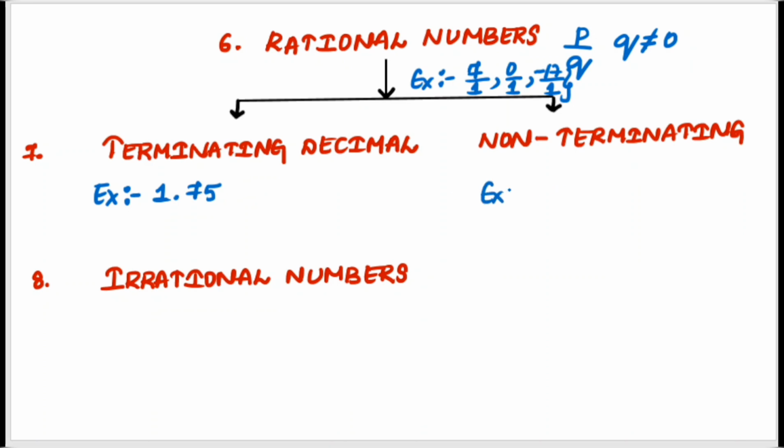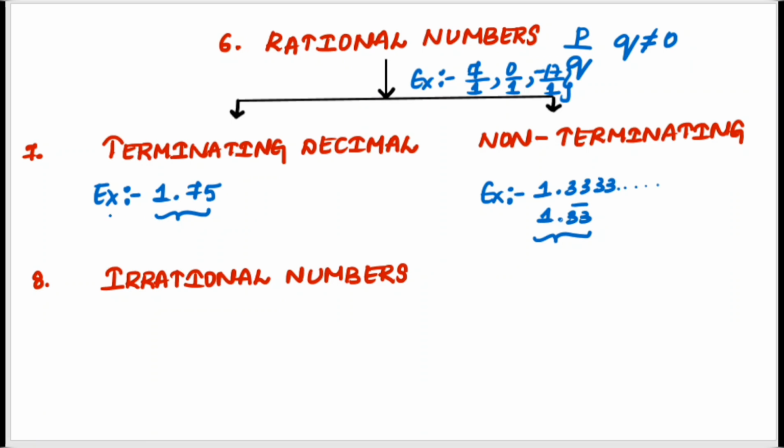Let us study what is non-terminating decimal. In a non-terminating decimal, the digits will be reoccurring. It will not stop. So I can write it as 1.3 bar. A bar represents the recurring part. After the decimal point in a terminating number, it will stop.